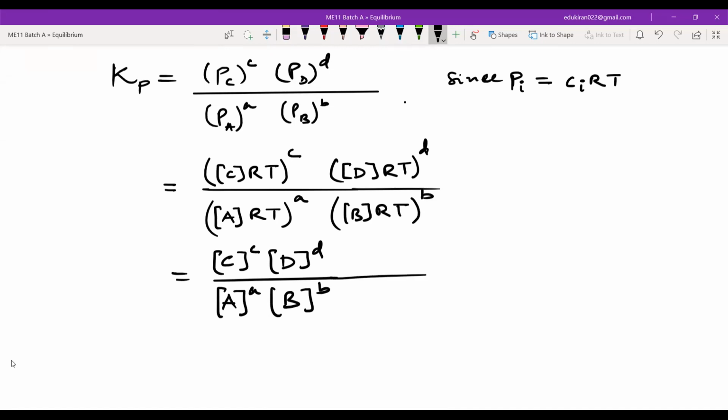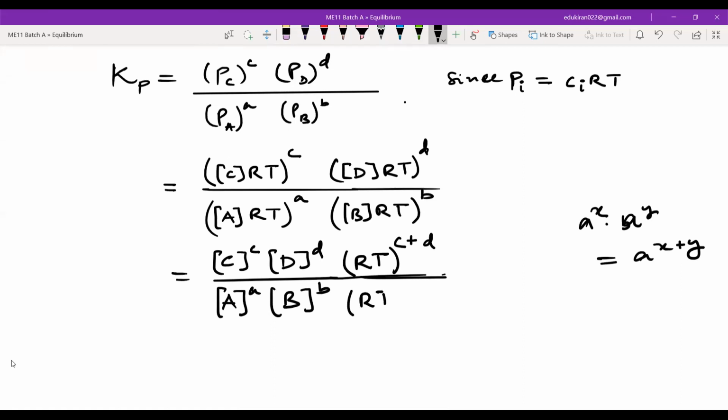Now, for the RT parts, I can write RT to the power c plus d, because both of them are RT. We have a to the power x into a to the power y, which will be equal to a to the power x plus y, right? Similarly, I can write RT to the power a plus b.